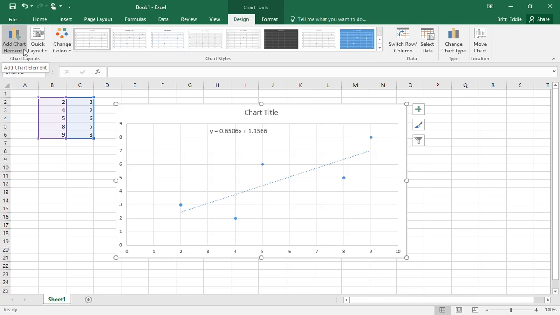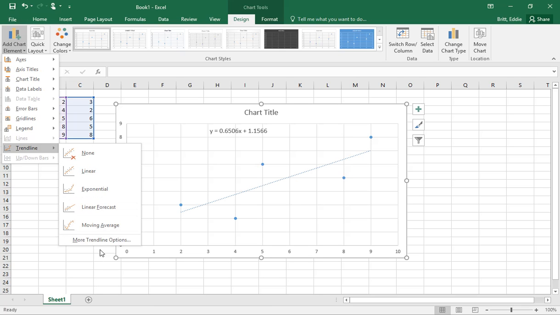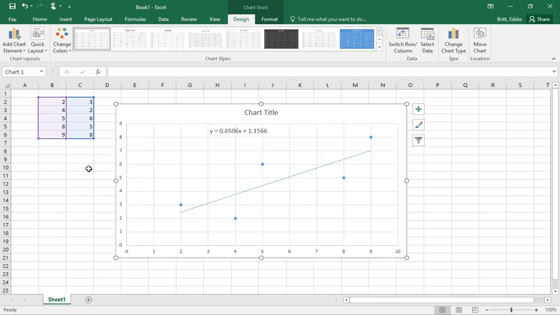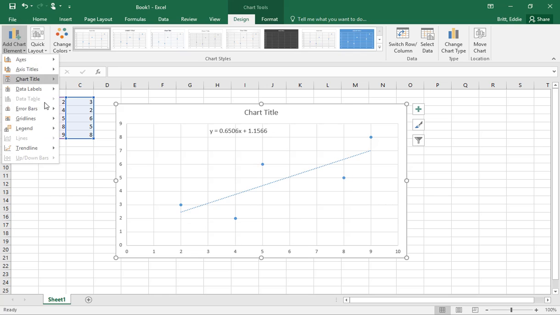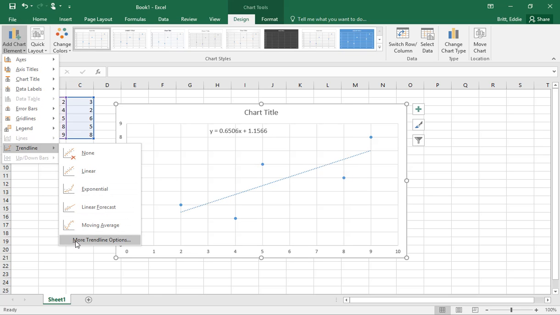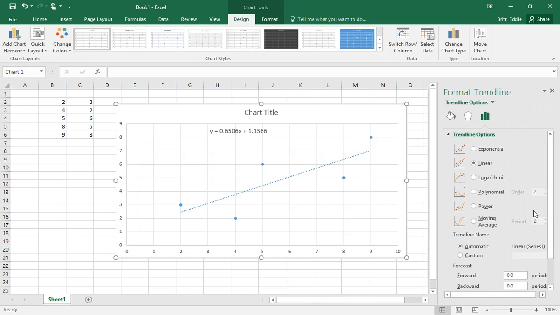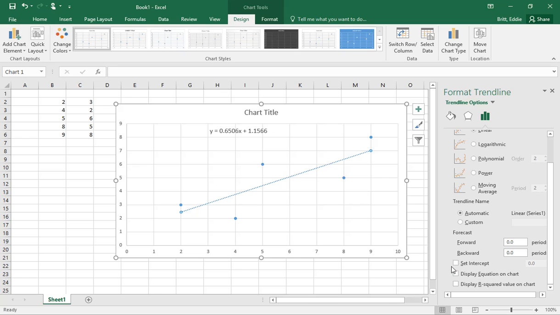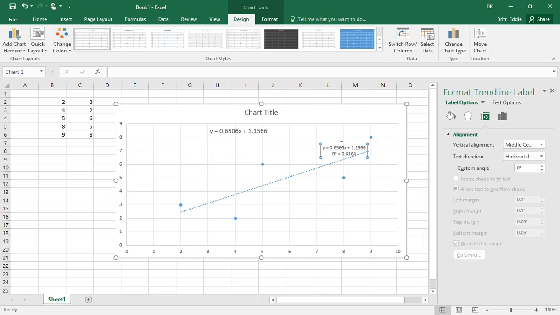Maybe if you go to help and search for trend line options, it might help. I know for me to get to it, I go to trend line options, scroll down, and click display equation on chart. You can also display the R squared value. That's something we're about to go over.